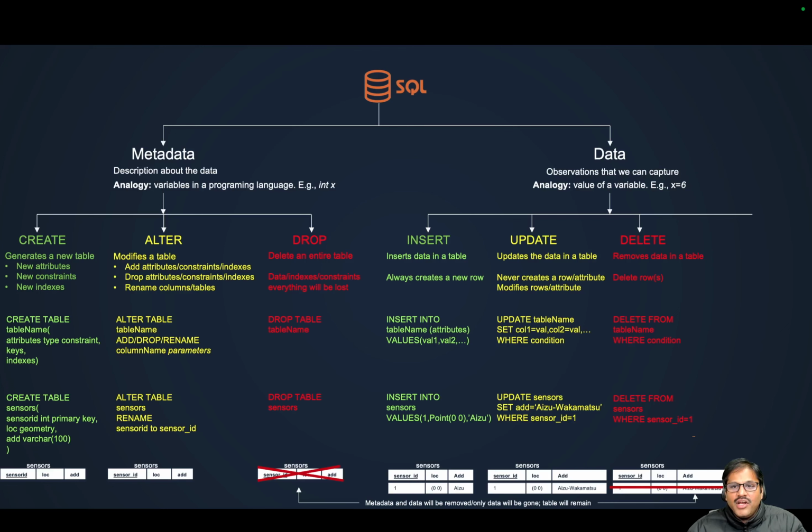Please keep in mind drop is a metadata command which is meant to delete the table and its contents, whereas delete only deletes the data, keeping the table intact. The metadata of the table will be intact. So these are the three commands in data that are synonymous to the create, alter, drop commands in metadata.